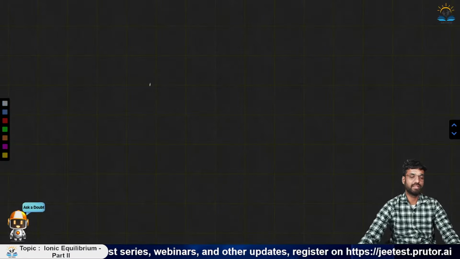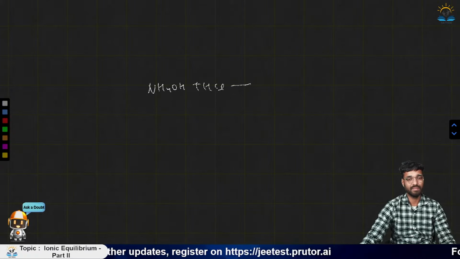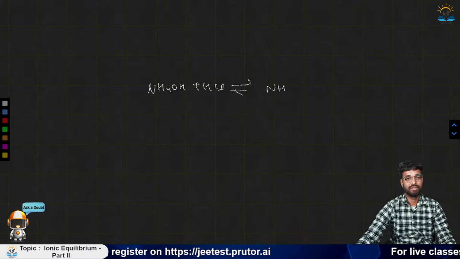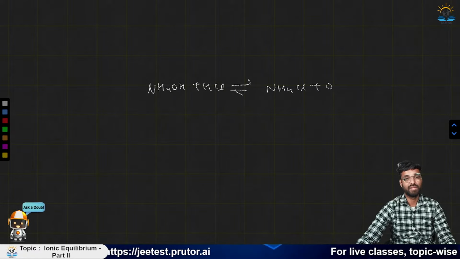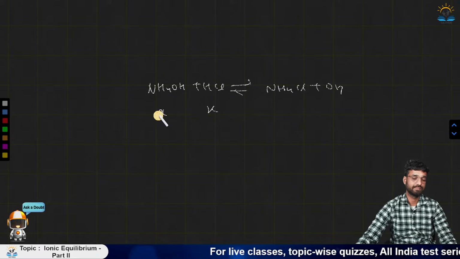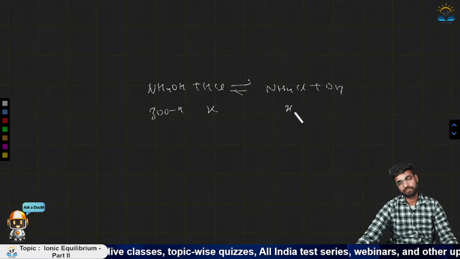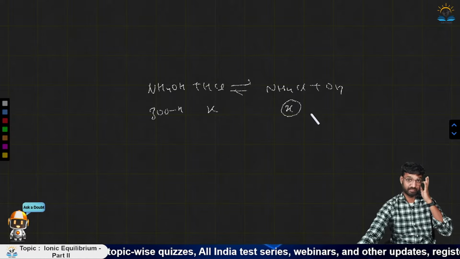We know that the equation is NH4OH reacting with HCl to give NH4Cl plus water. So if X amount of this has reacted with 300 minus X of this, we'll get X of this.